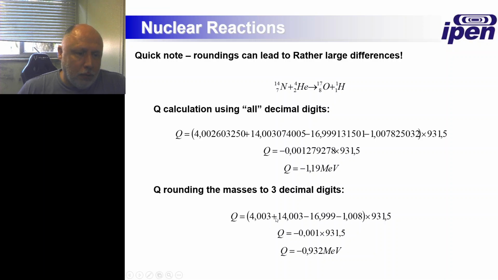But if I round the masses to only 3 digits, we come to 0.932. Quite a difference, almost 20% difference. So, once again, in my class, if you're doing my exercises or the tests that I propose, round to the number of digits I give to you.